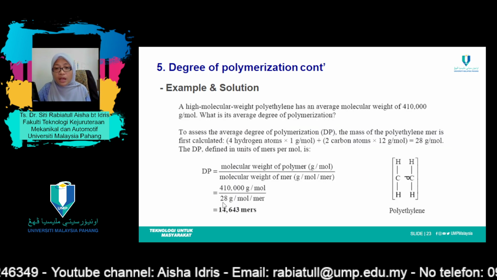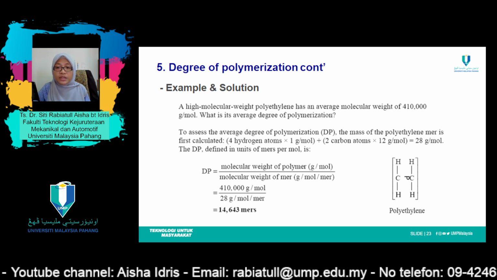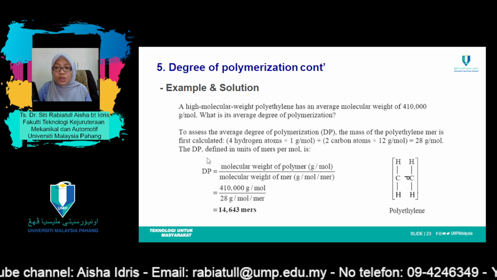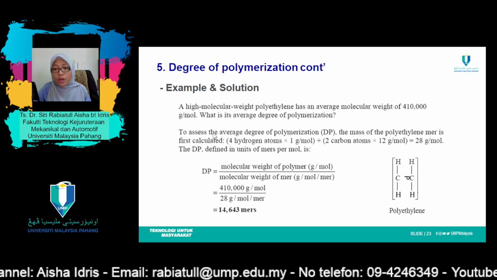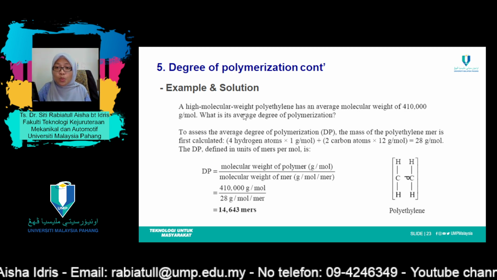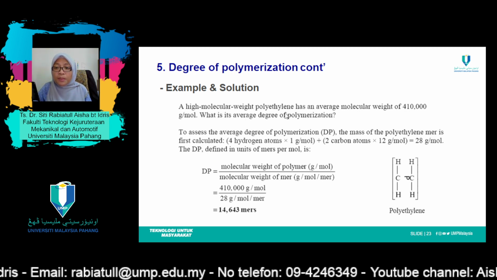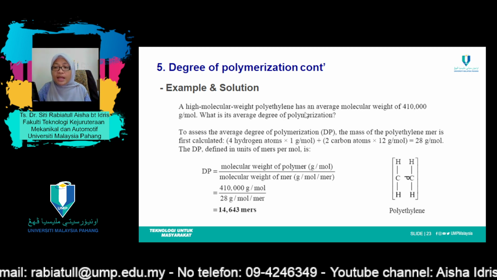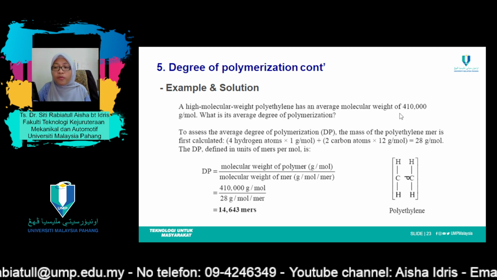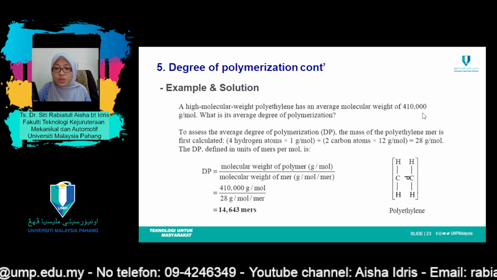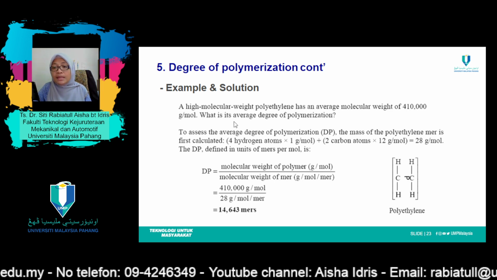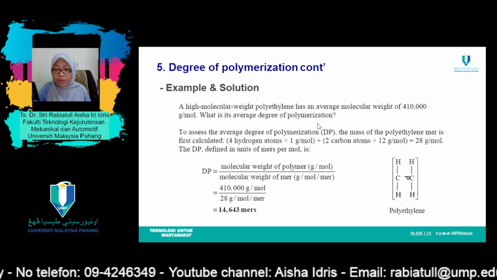Now let's look at the example on how to calculate DP. Let's read this question together. A high molecular weight polyethylene has an average molecular weight of 410,000 grams per mole. What is its average degree of polymerization?